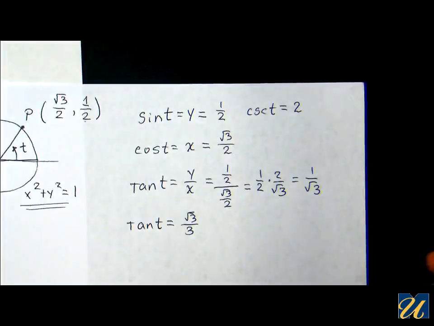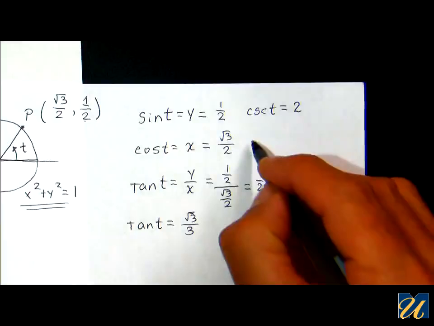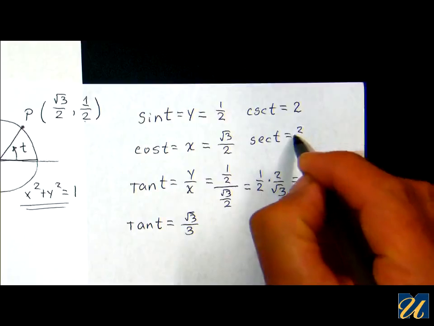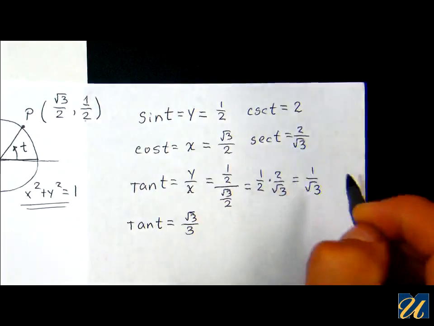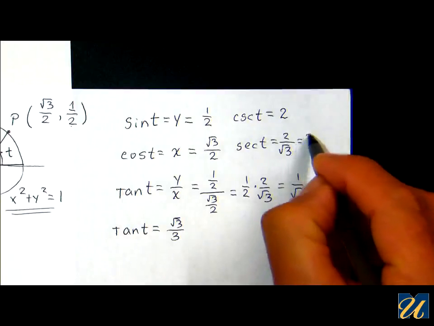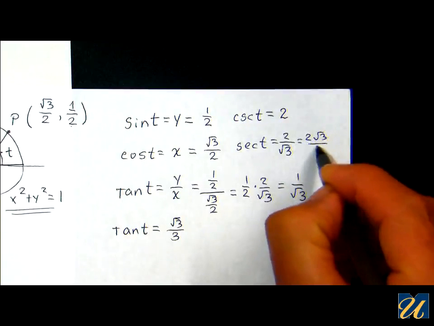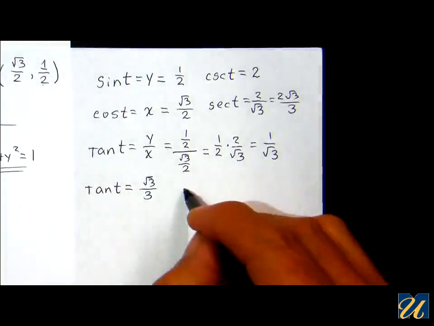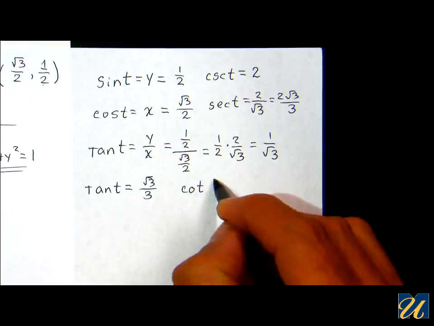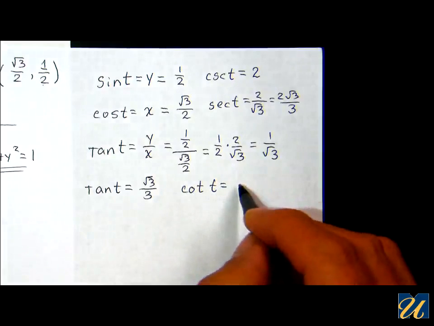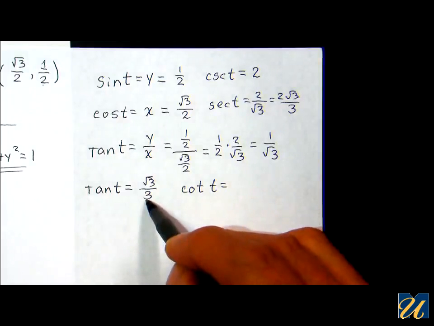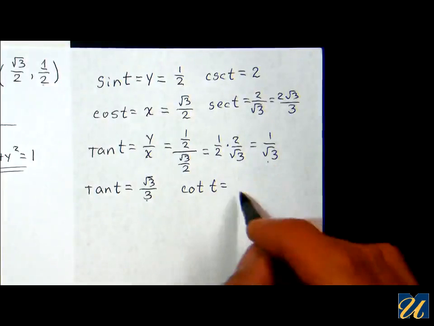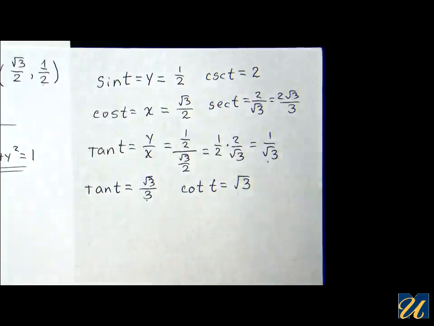If the cosine of t is root 3 over 2, then the secant of t is 2 over root 3, which we could rationalize to be 2 root 3 over 3. And in the tangent down here, reciprocate that, cotangent t is the reciprocal. Now if we reciprocate this, we have to rationalize again. So instead, reciprocate this one right here, and you get just root 3.